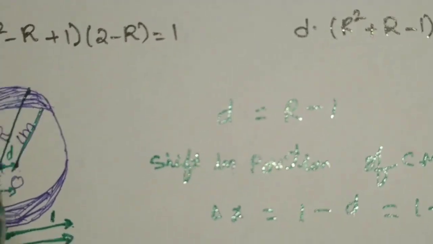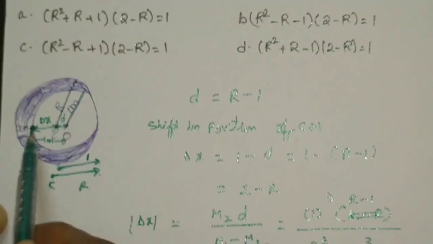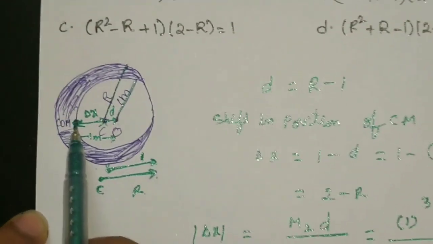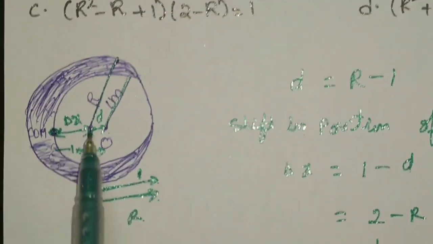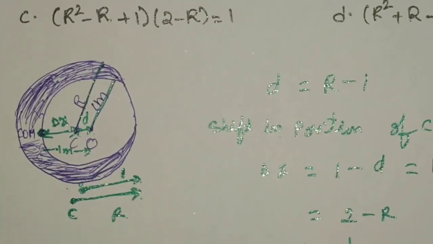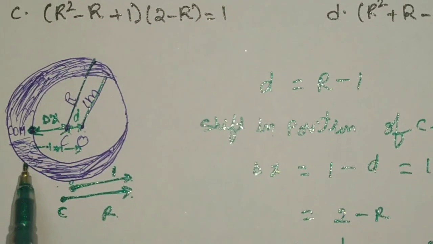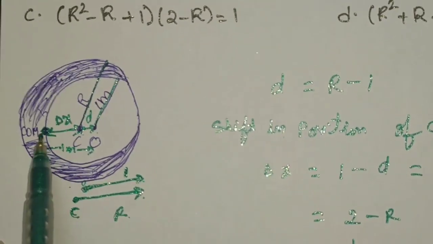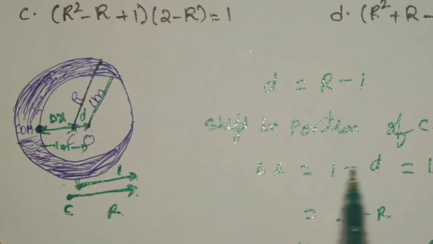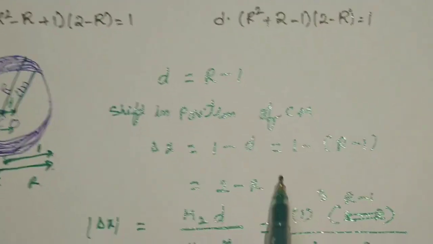Then the center of mass is shifted from C to COM, the center of mass of the remaining sphere. The shift in the position of the center of mass, delta x, is calculated as O to COM is 1 meter. So, COM is 1 minus D. 1 minus D is 1 minus (R minus 1), that is 2 minus R.